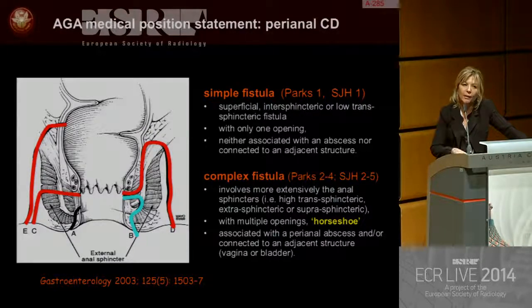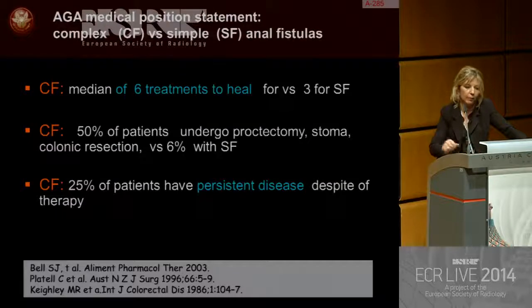Why do they divide fistulas so simply? Because this classification is based on the clinical outcome. It has been demonstrated that complex fistula required at least 6 treatments to heal, whereas a simple fistula can heal with 3 medical or surgical treatments.